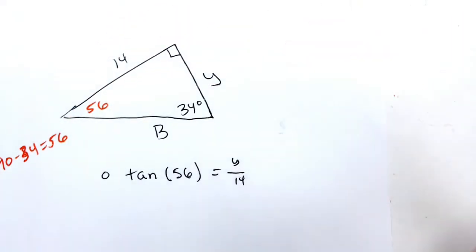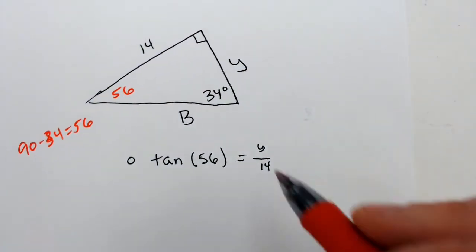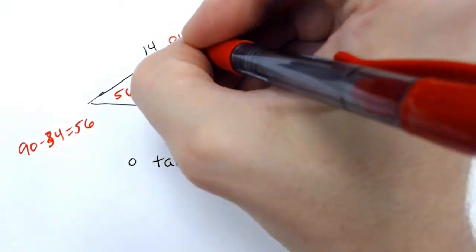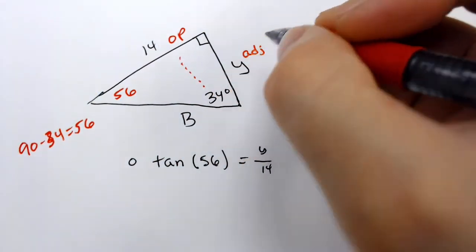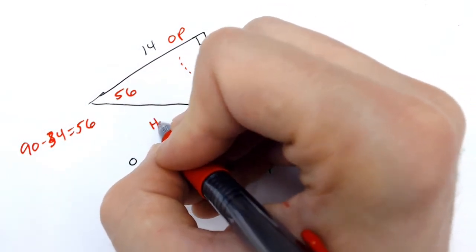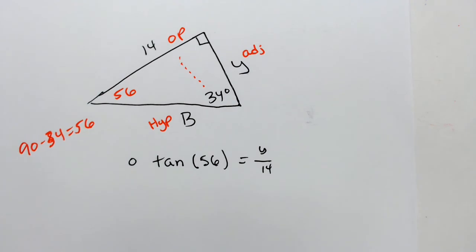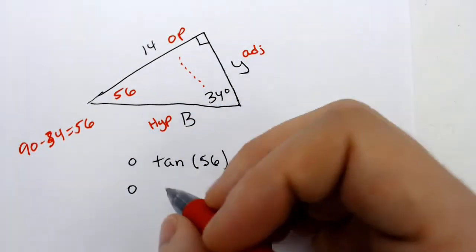It's the other angle. So I'm going to focus all my effort on the 34 for right now. And currently, 14 is the opposite, y is the adjacent, and b is the hypotenuse. So I'm not going to focus on the 56 yet. I want to focus on the 34 first, so I can focus all my efforts with these opposite and adjacents.